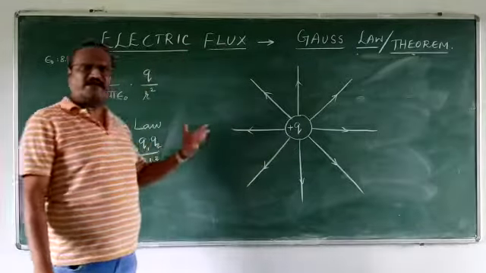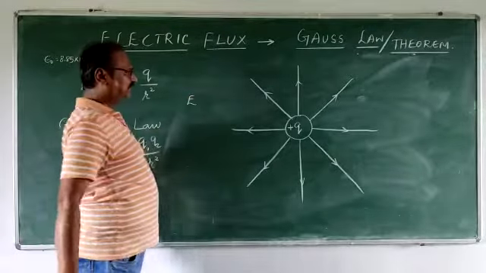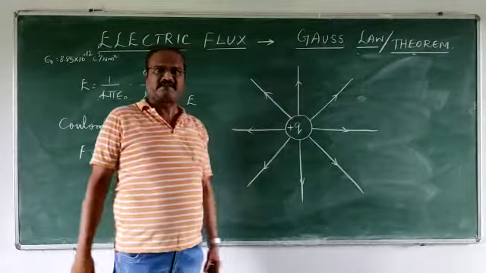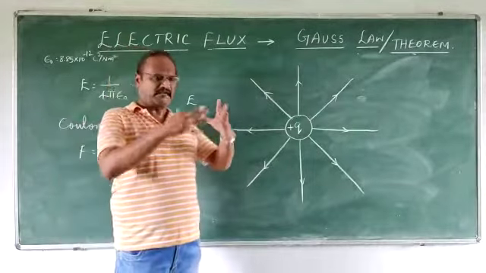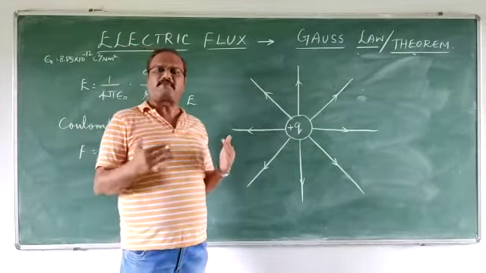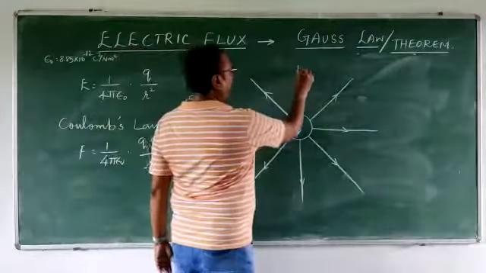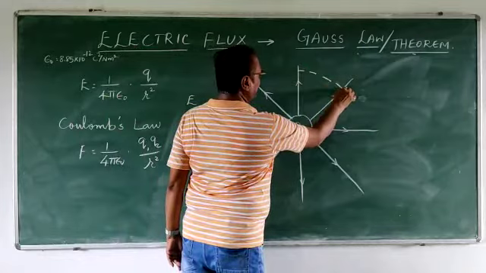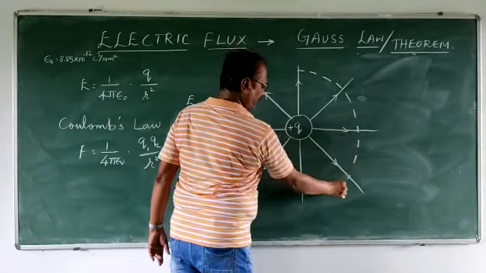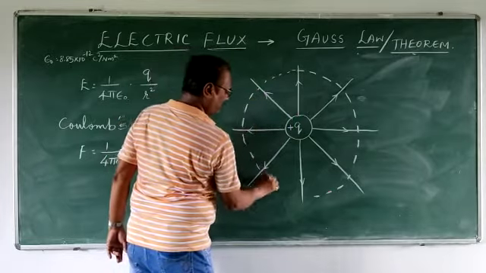How am I going to connect the electric field with the flux? What is electric flux? The number of field lines flowing through a perpendicular surface, a surface which is kept normal. Now, what can be a surface which is symmetrical to the center of the charge? It is nothing but a sphere.